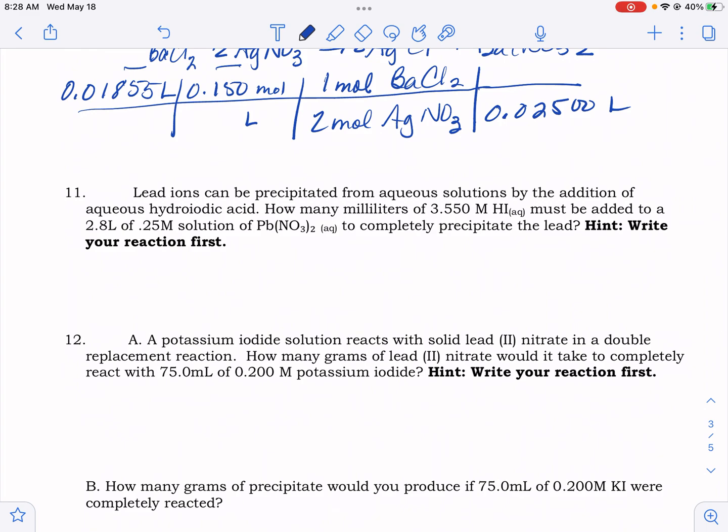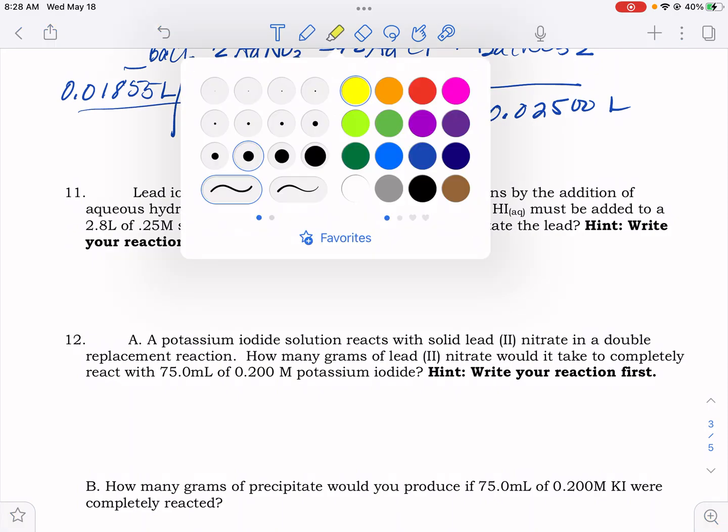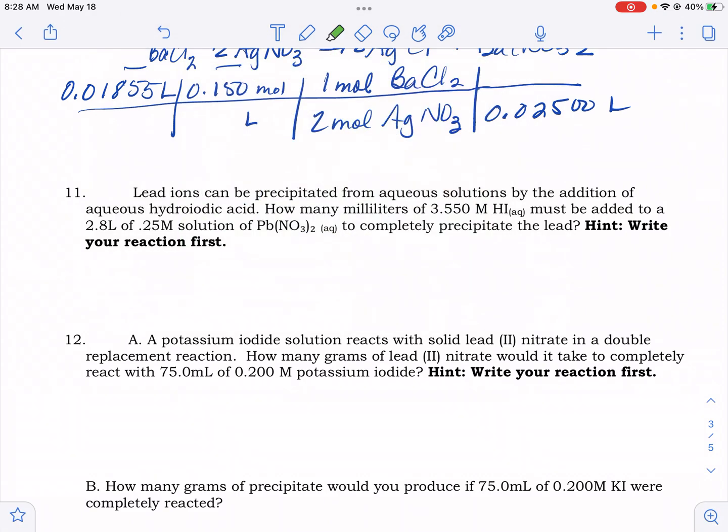Lead ions can be precipitated from aqueous solutions by the addition of aqueous hydroiodic acid. How many milliliters? So we're solving for hydrogen iodide, hydroiodic acid, and we're given volume and molarity of lead nitrate.